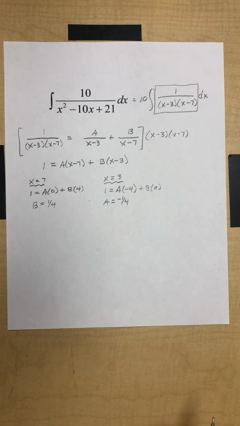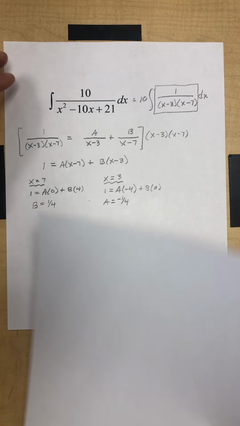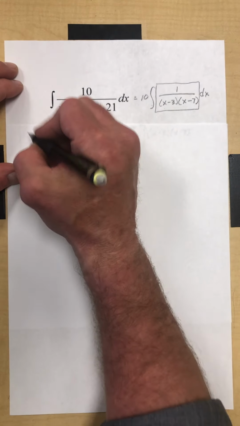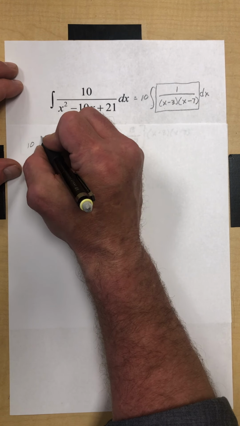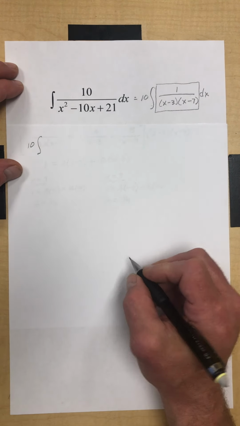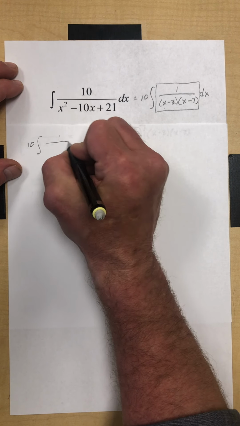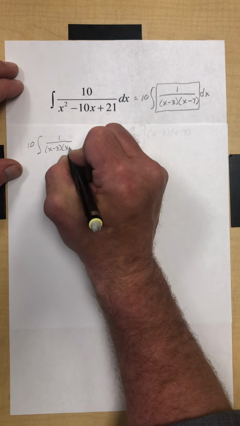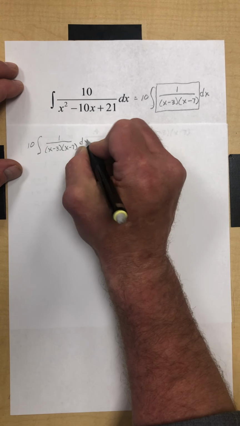Let's pull down another piece of paper, because I don't have enough room here, and let's get what we need. Okay, so let's see. All right, I have this 10. Okay, and we have 1 over this x minus 3, x minus 7 dx.